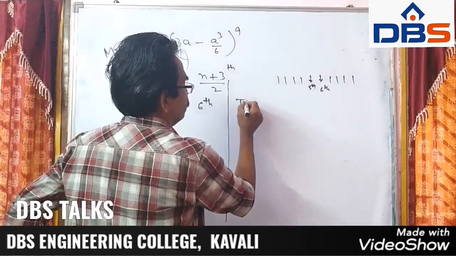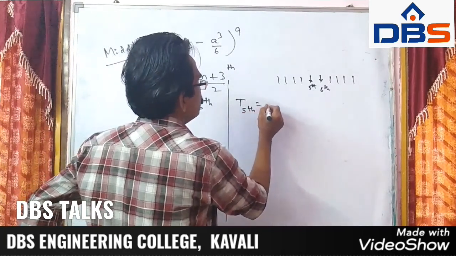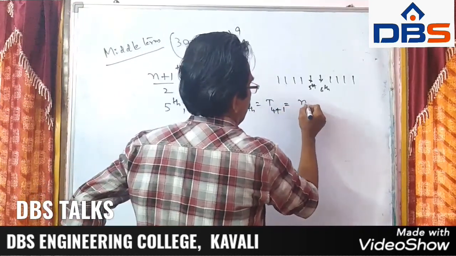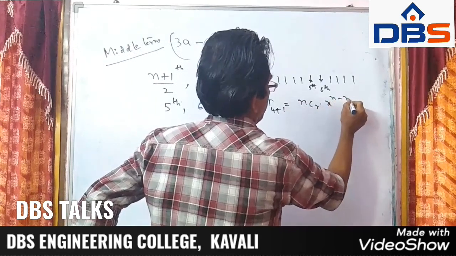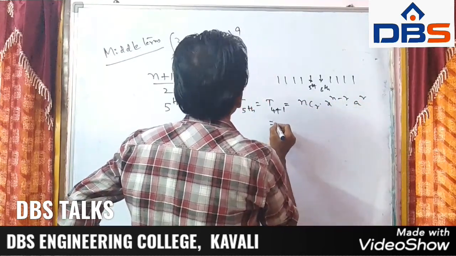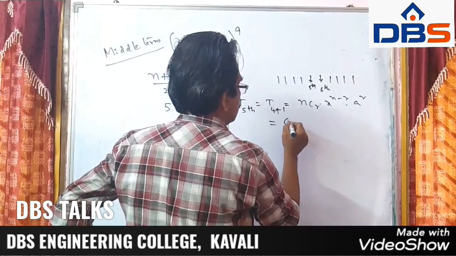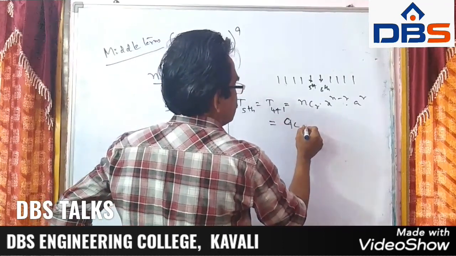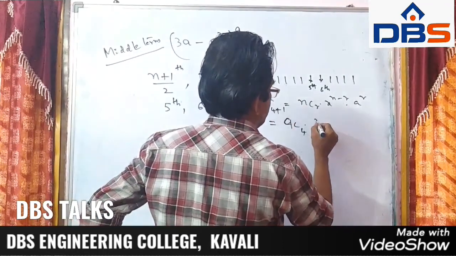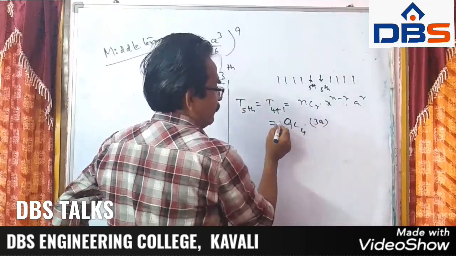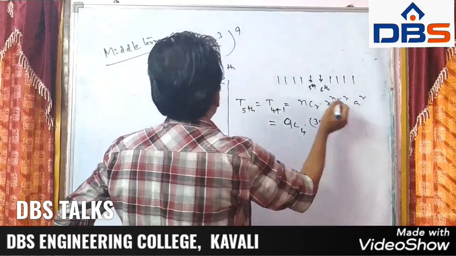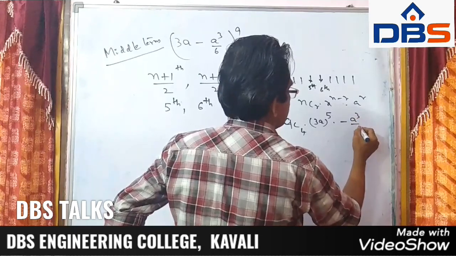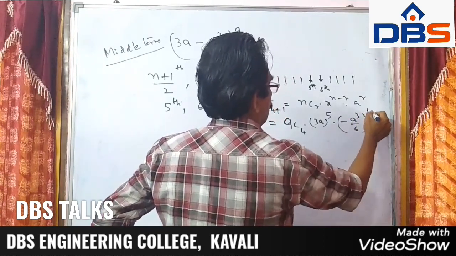Fifth term means T5, that is T4 plus 1, equal to nCr. Our general term is nCr into x power n minus r into a power r. So 9C4, r is 4 friends, into x, which is 3a, whole power n minus r, 9 minus 4, 5, into a, which is minus a cube by 6, whole power r.